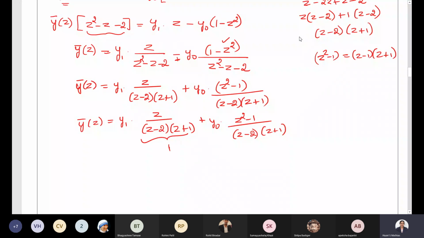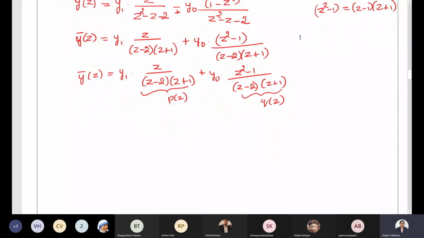So we'll take this as P of z and we'll take this as Q of z. You can try afterwards by cancelling z plus 1, and check whether we get the same answer. Now, we'll take P of z. What is P of z? P of z equal to z by z minus 2 into z plus 1. So what will be P of z by z? You have to divide by z on both sides.